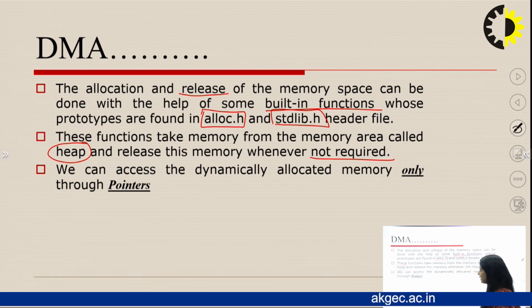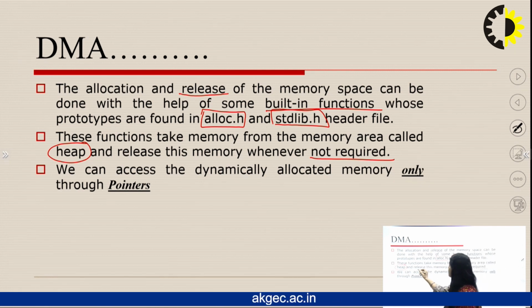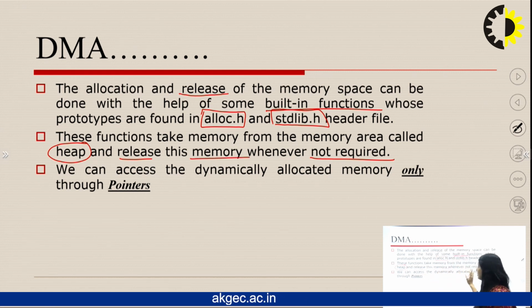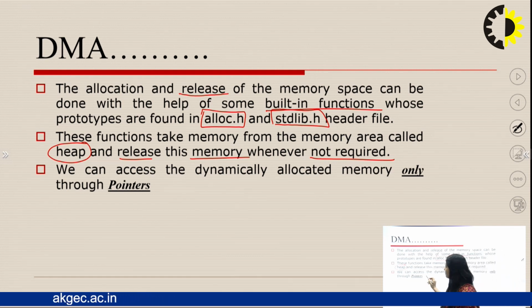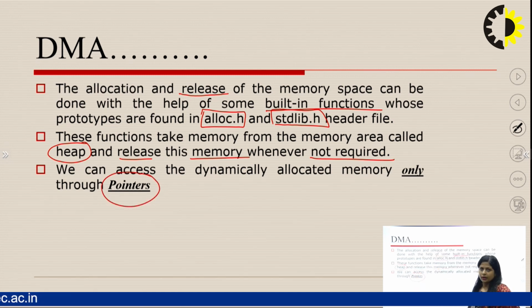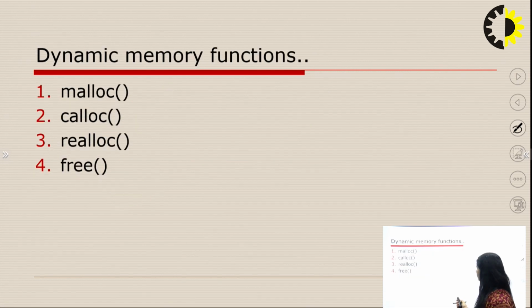But in dynamic memory allocation, we can dynamically allocate memory and release it whenever it is not required. We can access the dynamically allocated memory only through pointers, so we will use pointers within our program to allocate memory dynamically.